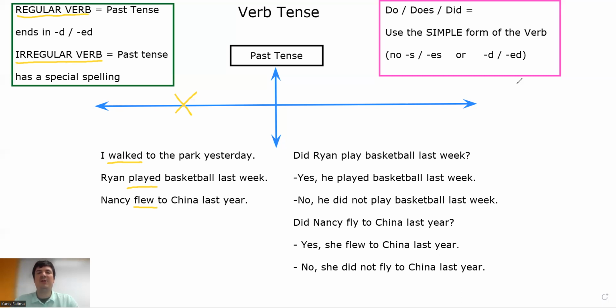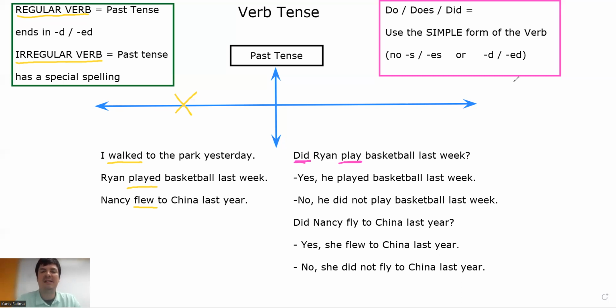Again, if we use the helping verb, do, does, did, we use the simple form of the verb. We do not add D or ED. So for example, did Ryan play basketball last week? Even though the sentence is past tense, we do not add D or ED.